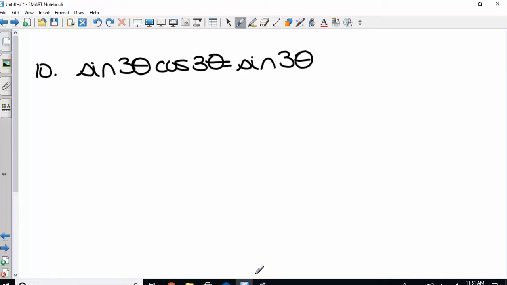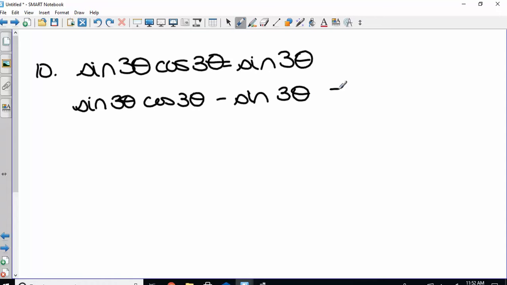So this one is very similar to problem number 8. Can you just divide the sine and cancel it out? No. So what do we do? Okay, all my angles are 3 theta, so that's good news.